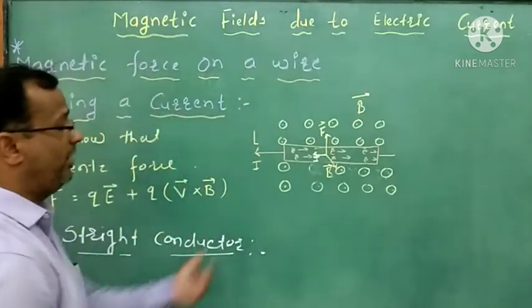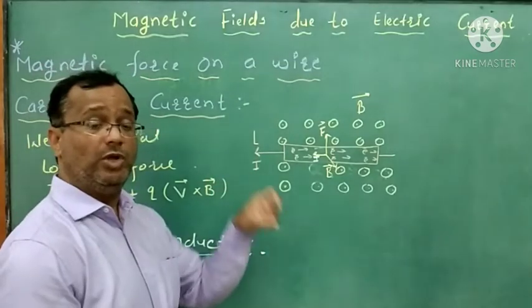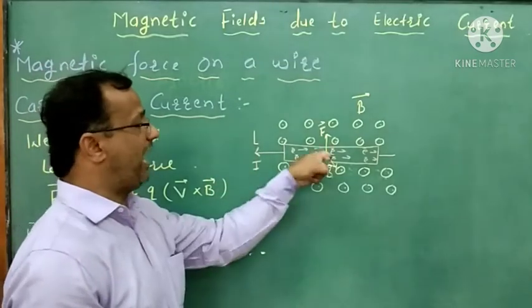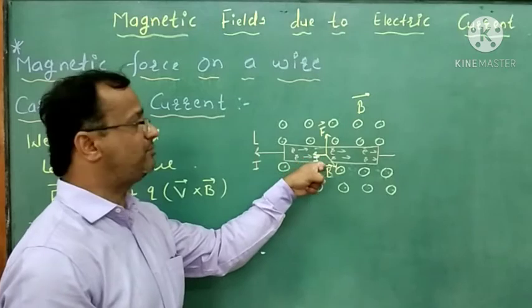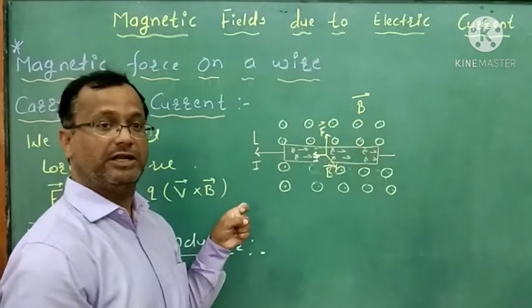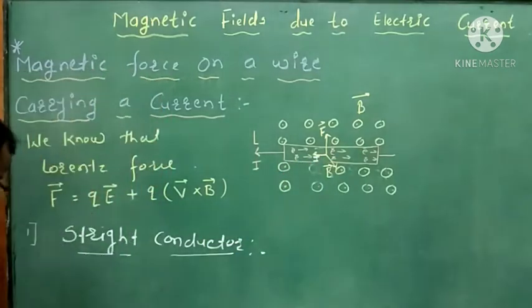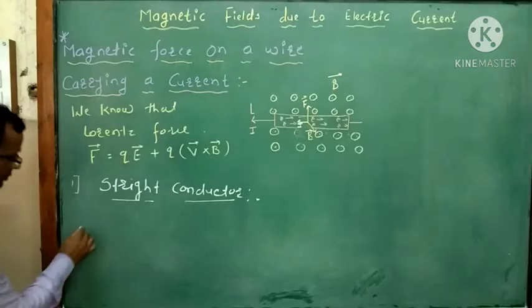Right? Then now we want to write down the force acting on the charged particle or this conductor. So what is it? The equation of magnetic force.